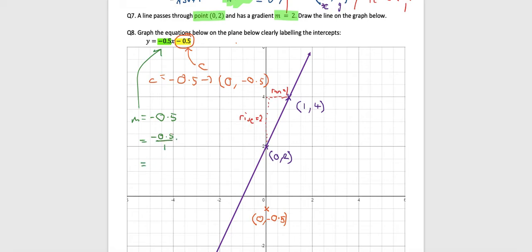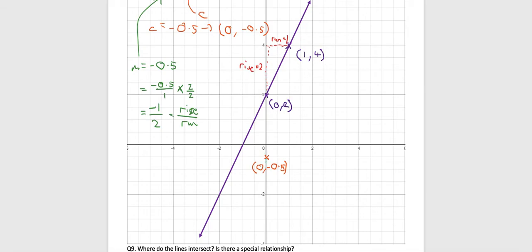If we want to get rid of the decimal on the top and turn it into an integer, we'll multiply both top and bottom by 2, and we'll get negative 1 over 2. So we've got a rise and a run.